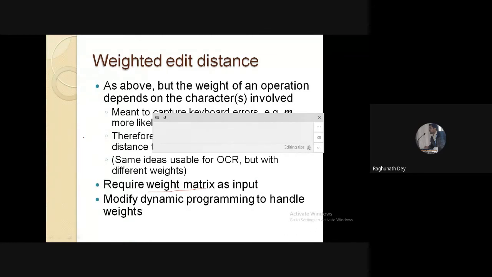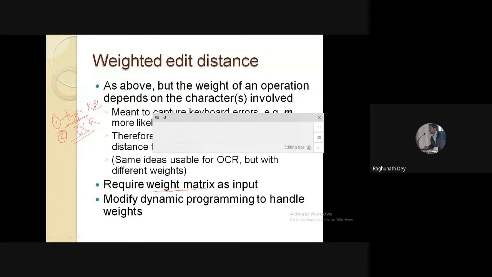As I have told earlier, one is that you are typing the characters or terms by the help of your keyboard, or else you are retrieving the text from the OCR engine. Depending on these two scenarios, the weight matrix will be different.